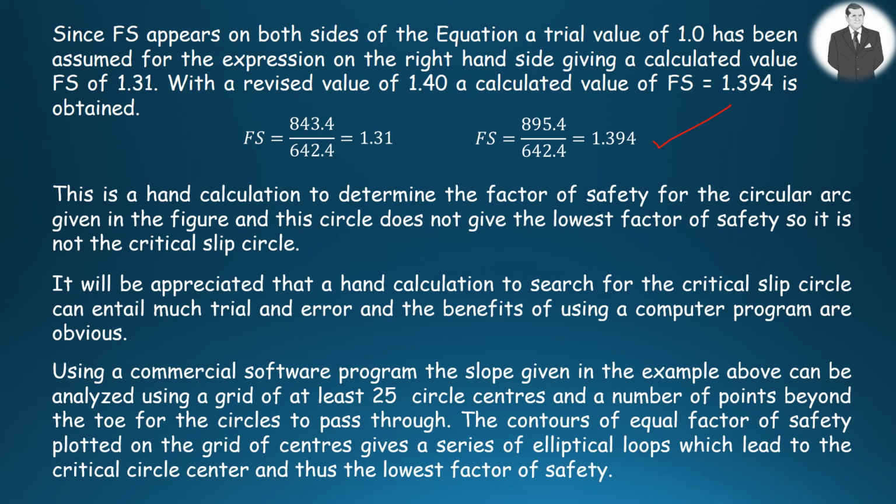The contours of equal factor of safety plotted on the grid of centers give a series of elliptical loops, which result in the critical circle center, thus giving the lowest factor of safety.